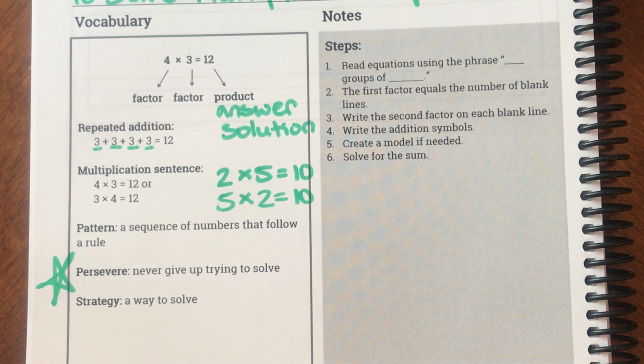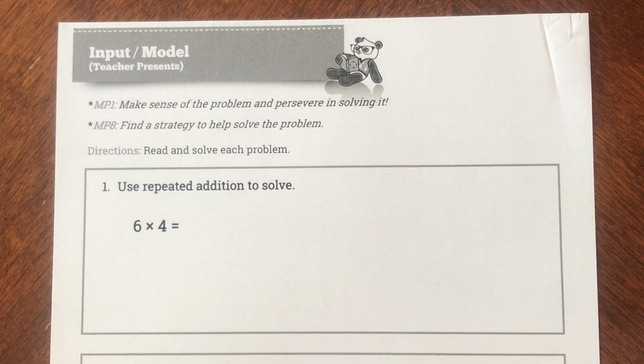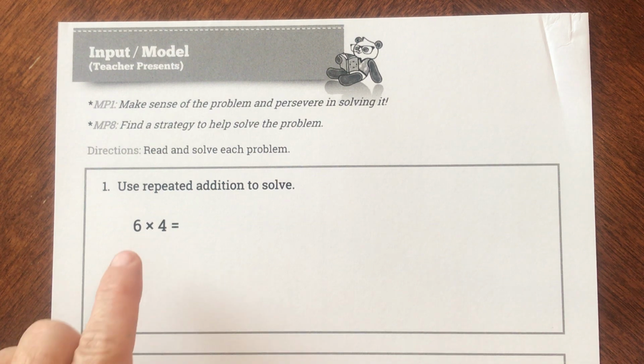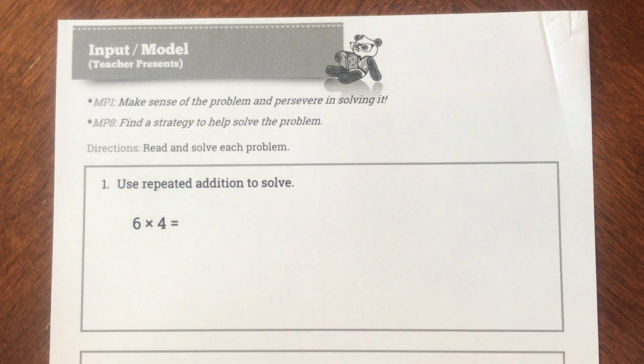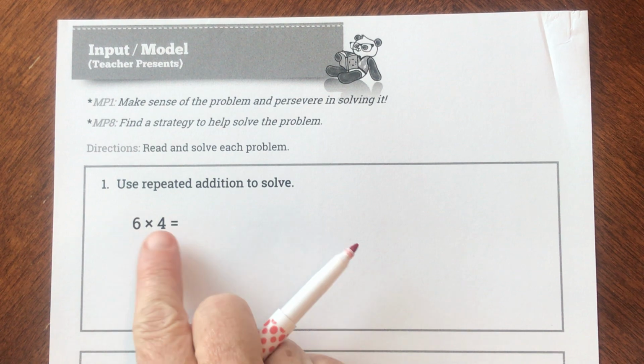Okay, so I'm going to get started on my first example. And here it is. It says, use repeated addition to solve, and I have 6 times 4 equals blank. Okay, so my first step says I'm going to use that phrase. So this means 6 groups of 4.